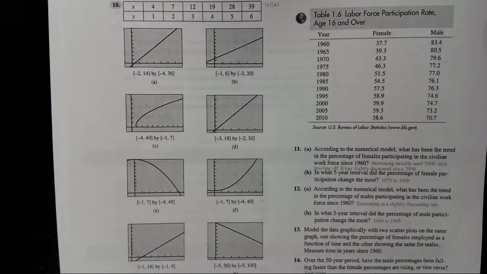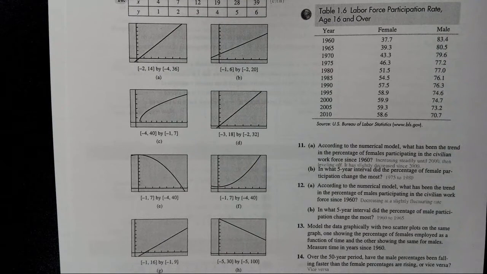Which graphs are a linear function? A, B, D, G, and H. And my graph is going up 3, 6, 5, 10, so it couldn't be what? Couldn't be H, okay?